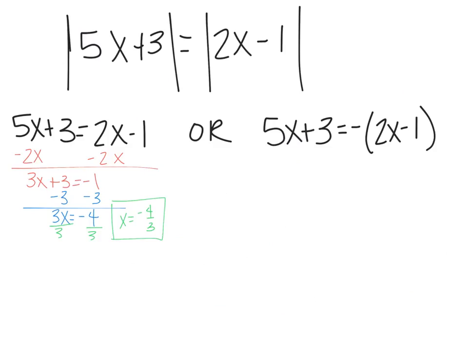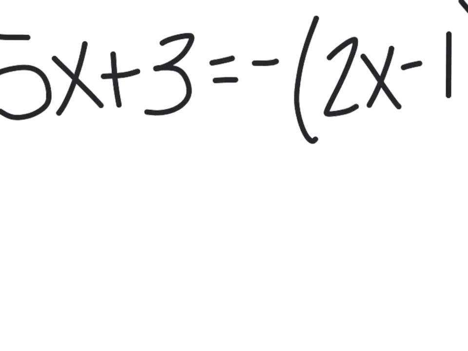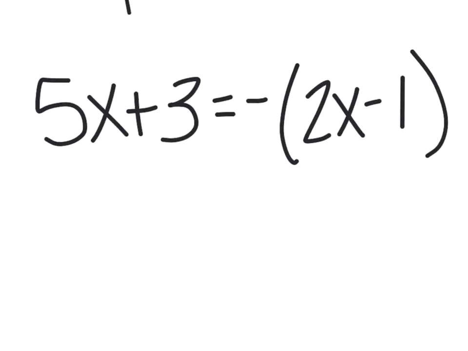So then to find our other answer, we work out the second part of it. So we have 5x plus 3 equals negative times 2x minus 1. What do I need to do to work this out? Okay, I need to distribute that negative, so I'm carrying it over to everything. So that's going to give me a negative 2x and a positive 1.